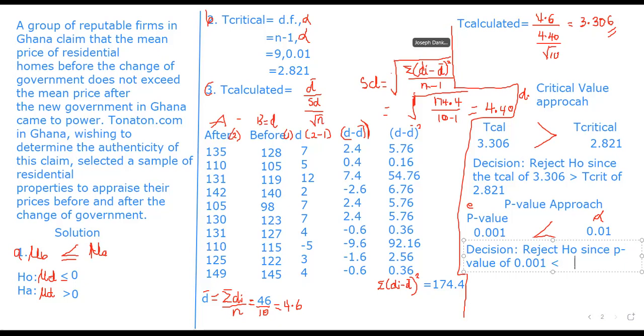So with the critical value approach, let's add it at the 5% level and 1% level of significance.